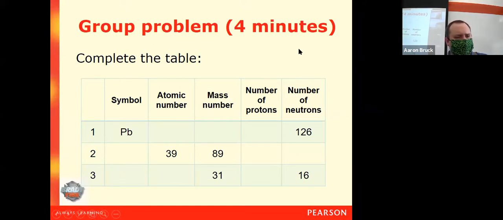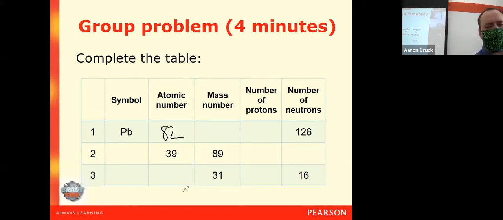All right, let's see how we did. So for number 1, we are told that number 1 is lead, Pb, and that it has 126 neutrons. Now, from that information, we should be able to figure out the rest. Because with the symbol of Pb, we can find Pb on the periodic table and see that its atomic number is 82.